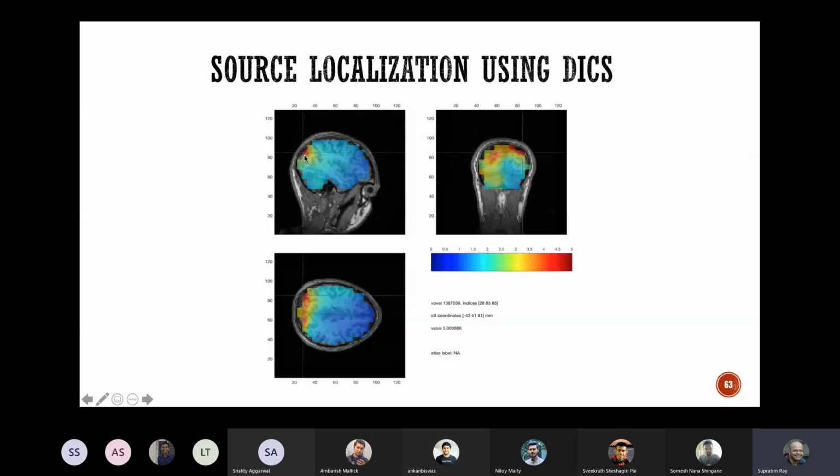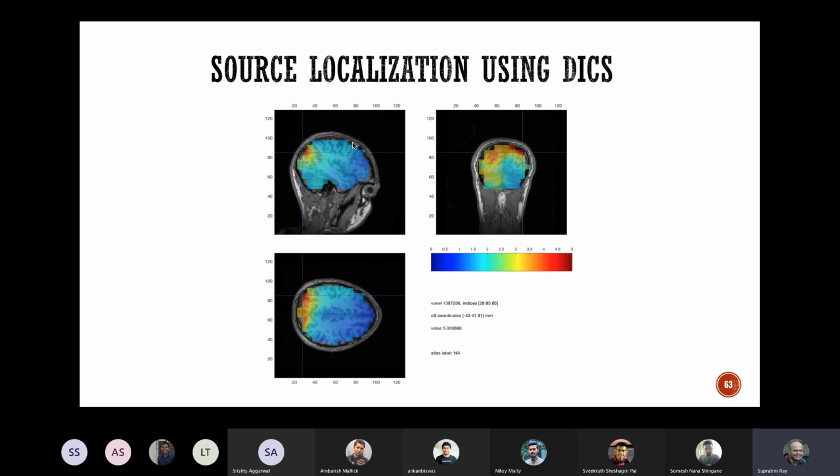Then, are these brain regions somehow talking to each other? So what's the connectivity profile between one brain region and another when a particular task is being done? It's a very important question because you will want to know how different parts of the brain are communicating to do a particular cognitive task.